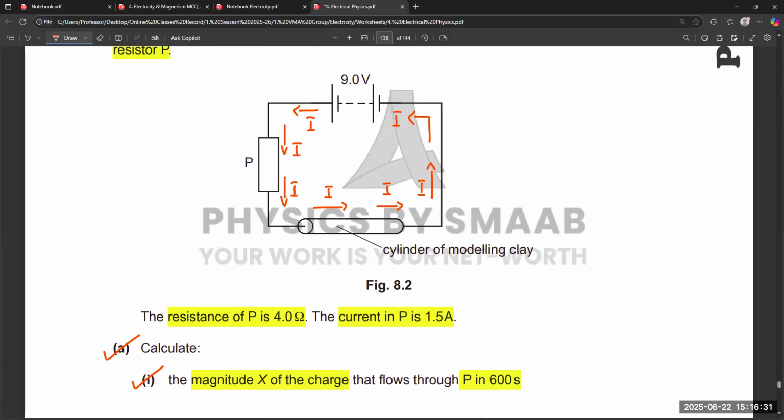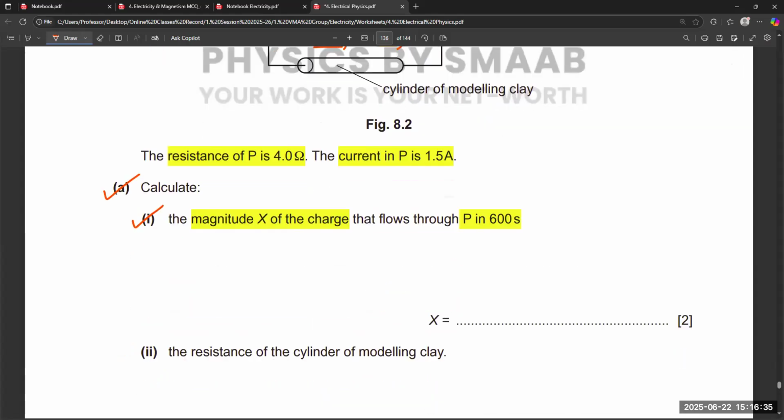From the formula of electric current, I equals Q upon T, so we can find Q equals IT. Q is the charge.